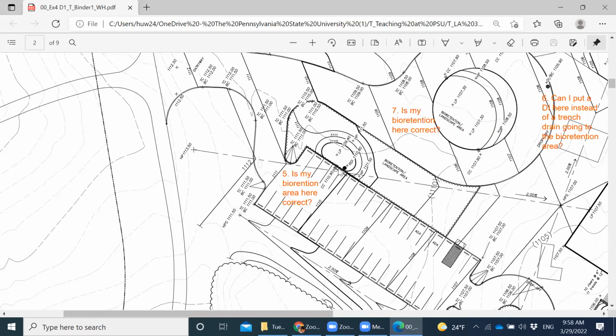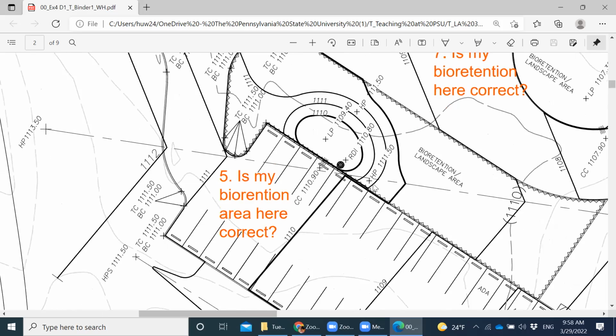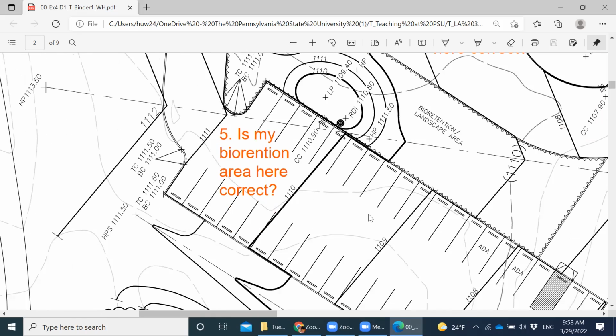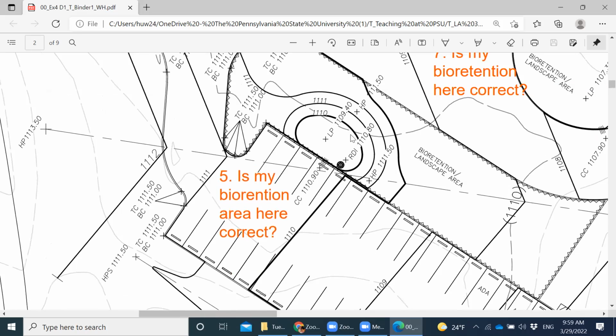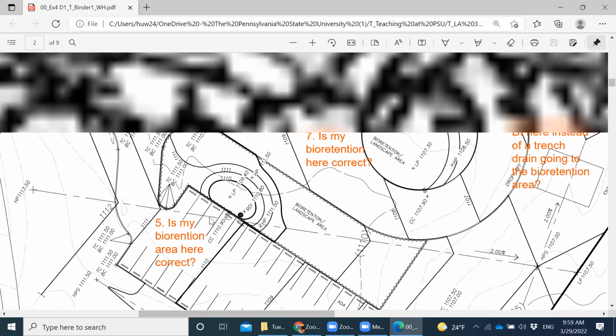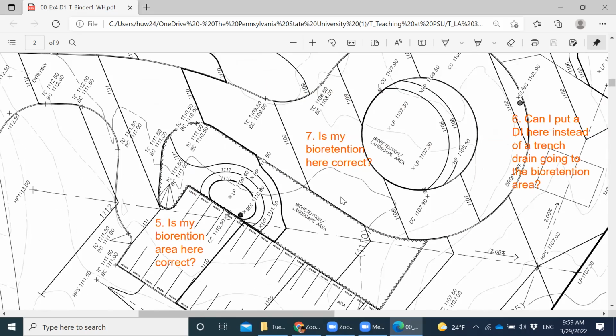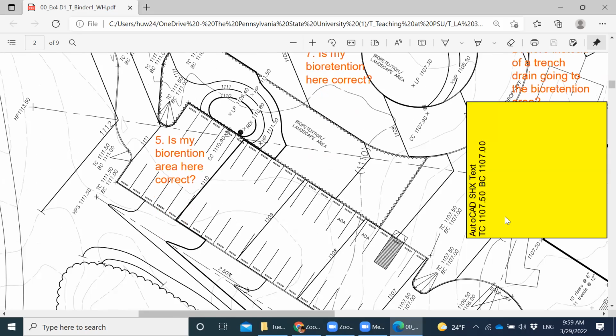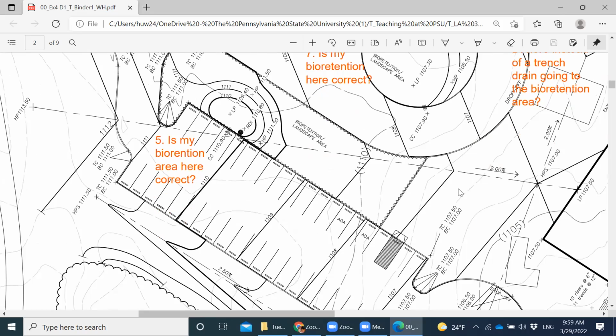Let's take a look at here. Water is not getting into the cell from this direction. So your curb cut is actually going to be here. Oh, okay. If I zoom out, then I see that's not the case either. This whole thing is on the ridge. So you don't actually have any water unless you have a trench drain. What is this dashed line here?